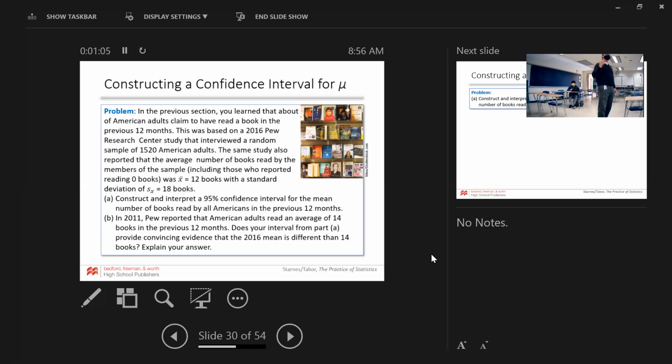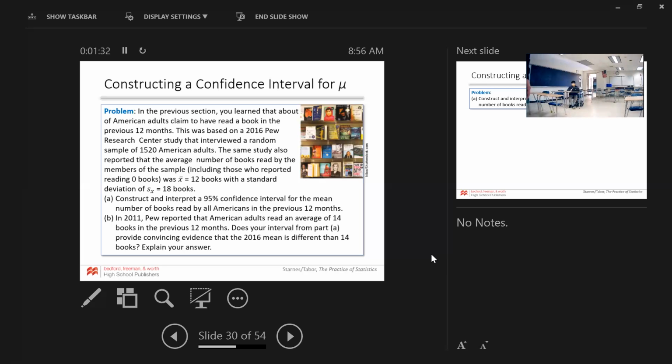And the mean was 12 books, except the step was 18. So you want a 95% confidence interval for the mean number of books read by all Americans in the previous 12 months. And then 5 years before that, Pew reported that American adults read on average 14 books in the previous 12 months.